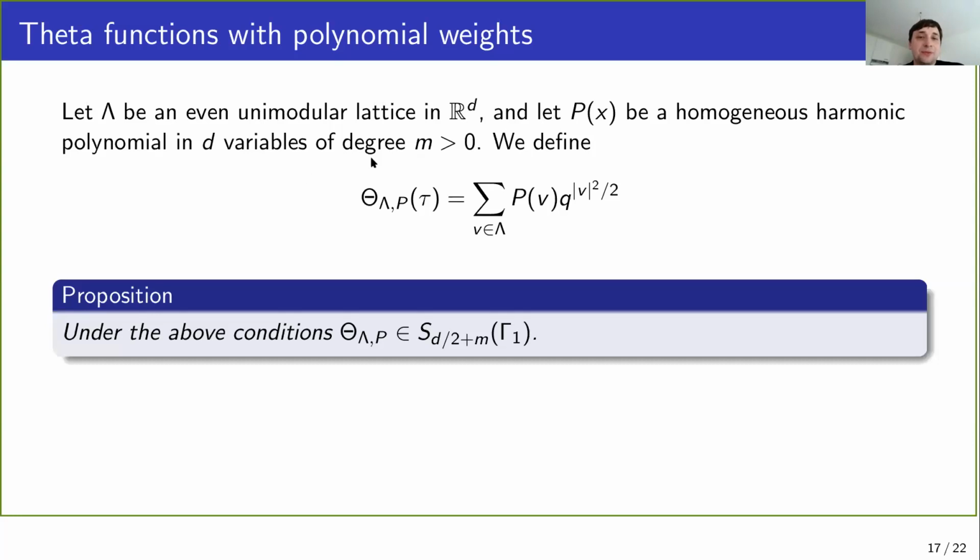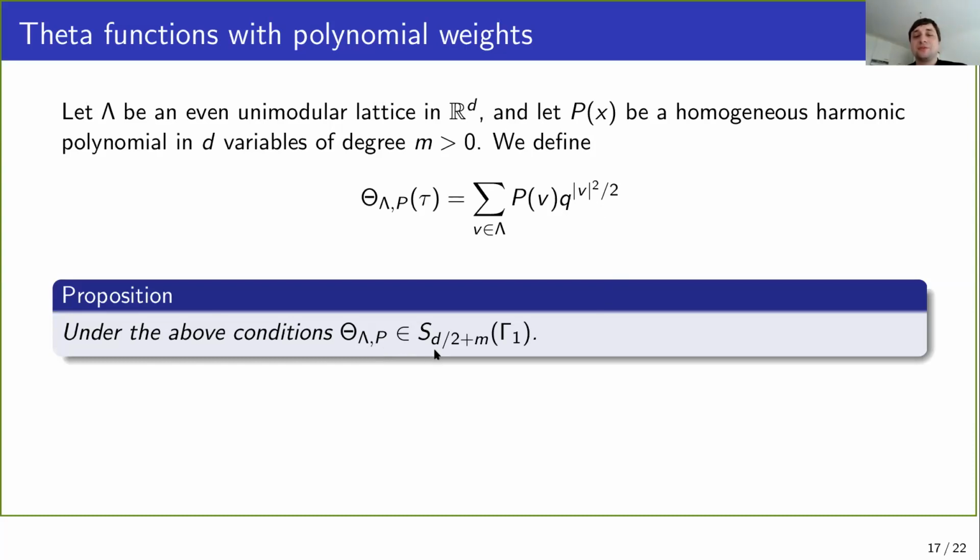Whenever we have such a thing and an even unimodular lattice, we can define a theta function depending on Lambda and P, which is the sum over all vectors in the lattice, but now for each q to the power the square of the norm divided by 2, we also put a weight which is the value of the polynomial in question. More or less the same proof works, and one can show that this theta function is again a modular form, but now of different weight.